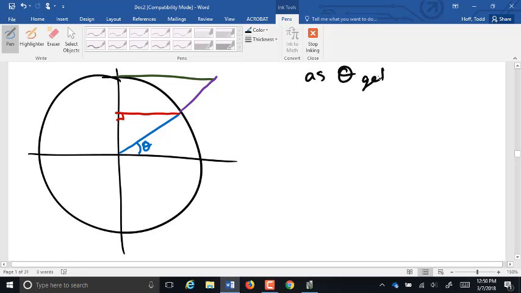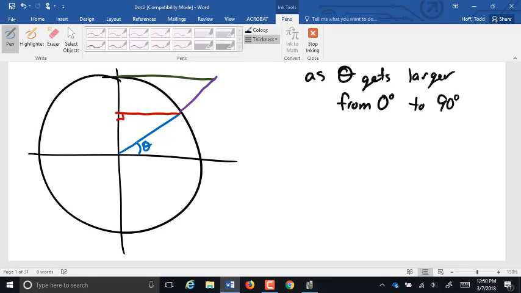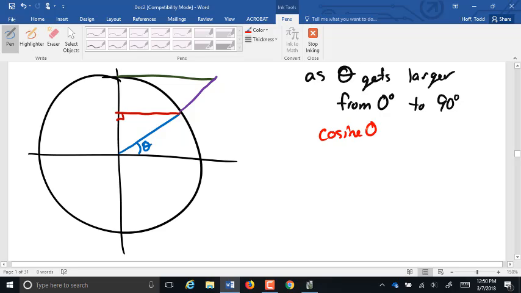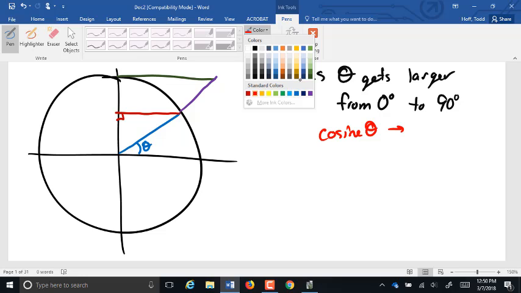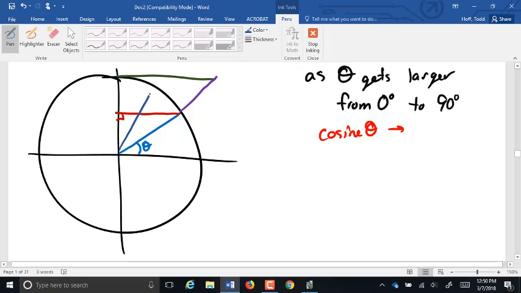As theta gets larger, from 0 degrees to 90 degrees, it's not sine, but cosine. The cosine of theta, now you think about it, the angle goes from here to here.